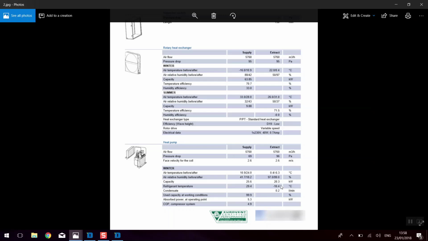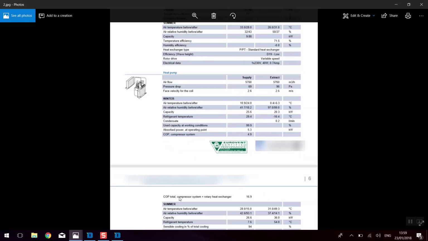We believe that this figure, the evaporation temperature, should be much lower, and in our opinion should be even lower than minus 15 degrees. And this will affect the whole performance of the refrigerant circuit in winter mode. So this will affect also the data for the condenser as well. So this 24 degrees supply temperature might not be 24, it should be lower.